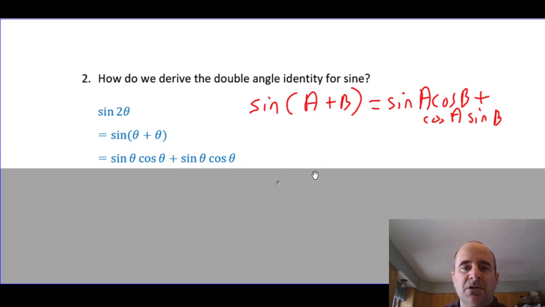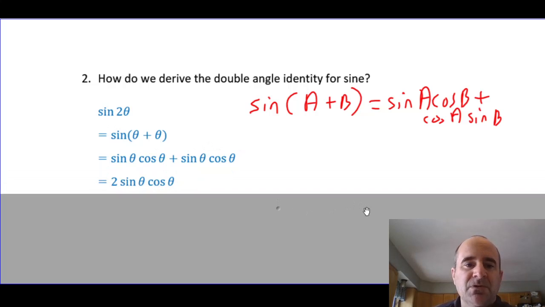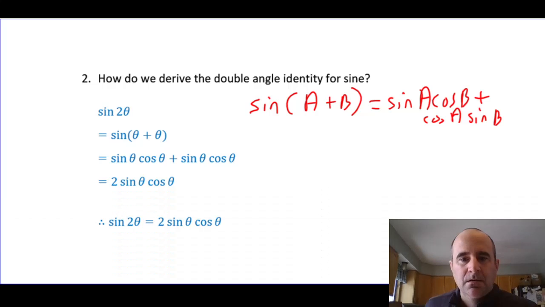And since those two terms are the same, that makes them like terms, we get 2 sine theta cos theta. And there it is. And we can make that conclusion that sine 2 theta is 2 sine theta cos theta.